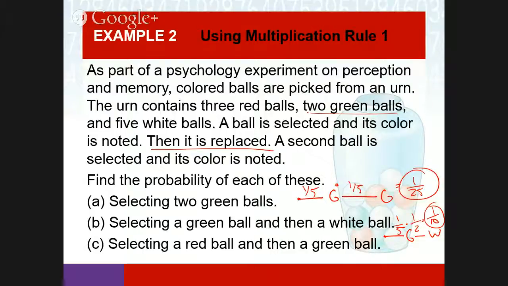And if you put 2/10 times 1/2, it's going to simplify to 1/10. So you want to reduce these. So the probability that I reach in there and get the first one being green, put it back, mix it up, and pull out a second one and it being white is going to be a 10th.